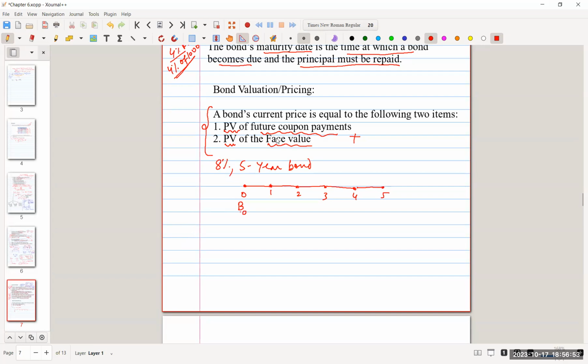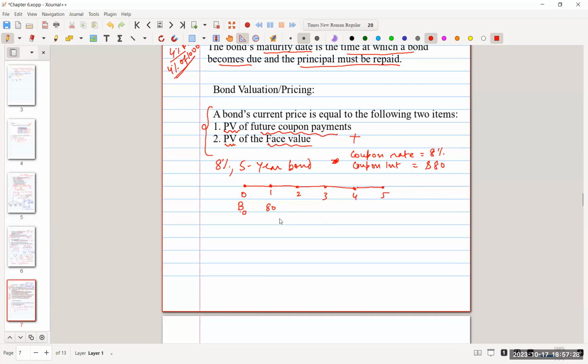An 8% 5-year bond simply tells you that this bond has a coupon rate of 8%, which means, if the face value is $1,000, then the coupon amount, which is basically the interest that you're receiving, is 8% of 1,000, that's $80, right?